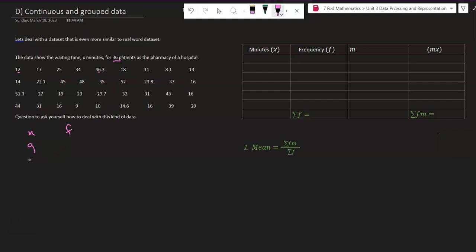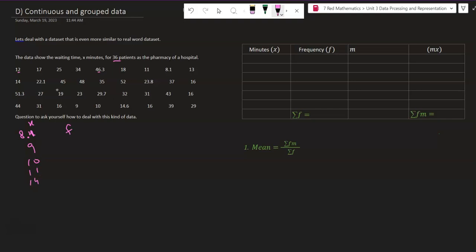And then we have 10, and there is an 8.1 there as well, so let's write that here. Is there any other value? There is a 10 as well, and then there is 14.